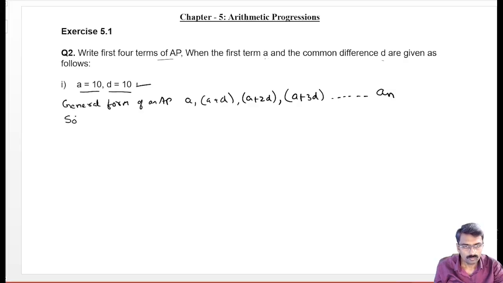Solve. First term will be a1, that is equals to 10.